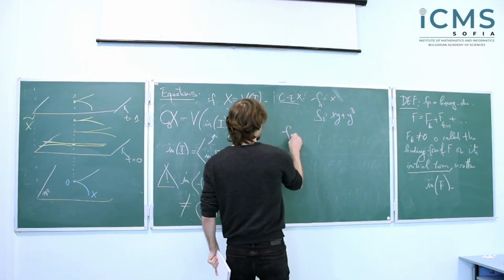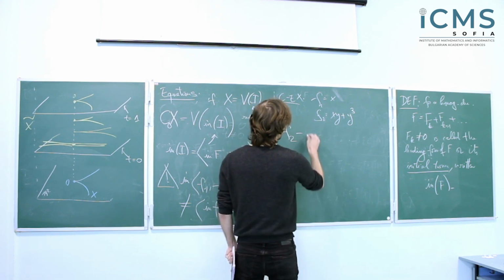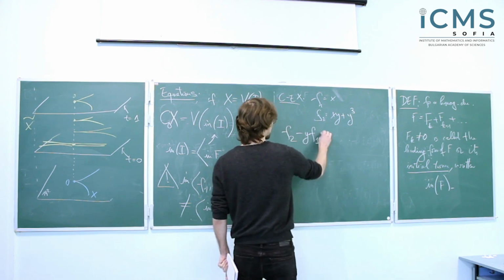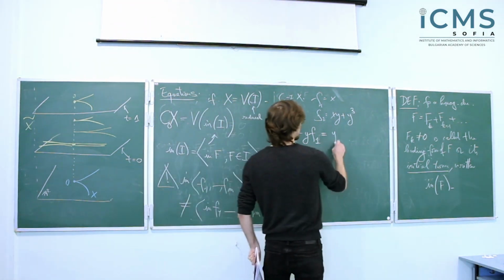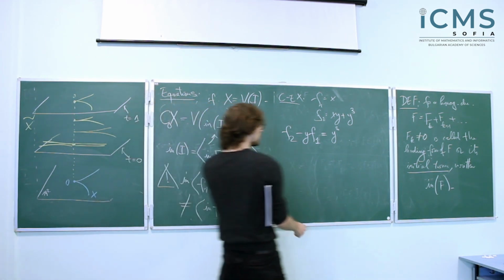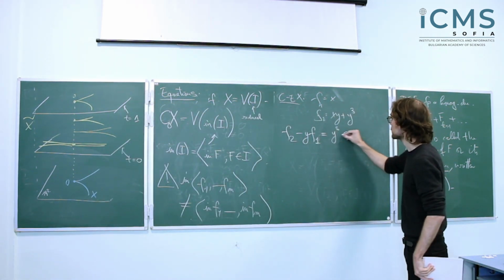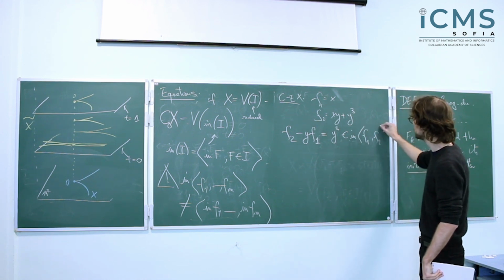Yeah. Well, if I have f2 minus y times f1, I just eliminate one term and I obtain y cubed. Right? So this is a monomial, so it is the initial ideal of f1 and f2.